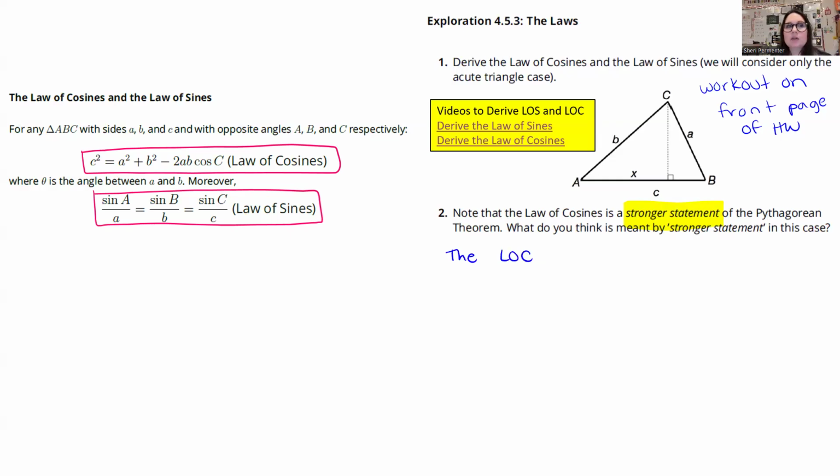I'm going to abbreviate as LOC and LOS, which are abbreviations for law of cosines and law of sines. The law of cosines works for all triangles, not just right triangles.